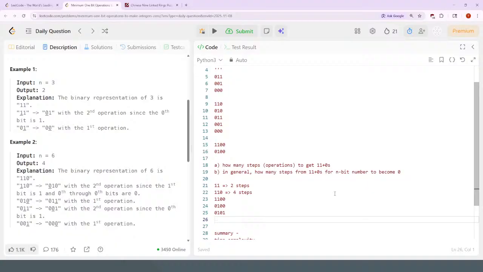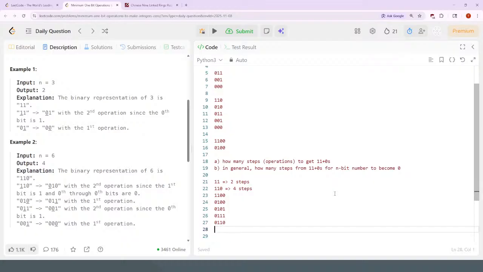1, 0, 1, 0, 1, and then yeah, and then you can make 0, 1, 1, 1, and then it becomes 0, 1, 1, 0.